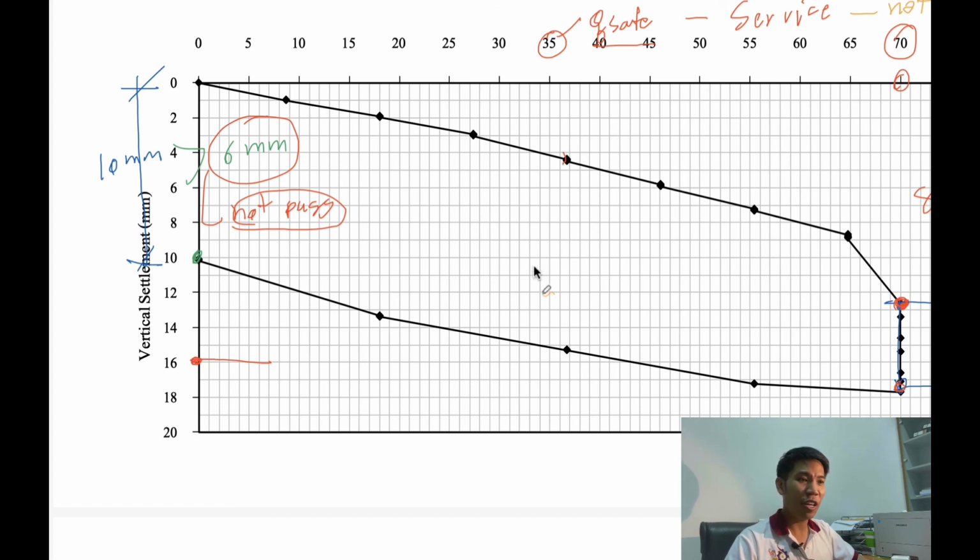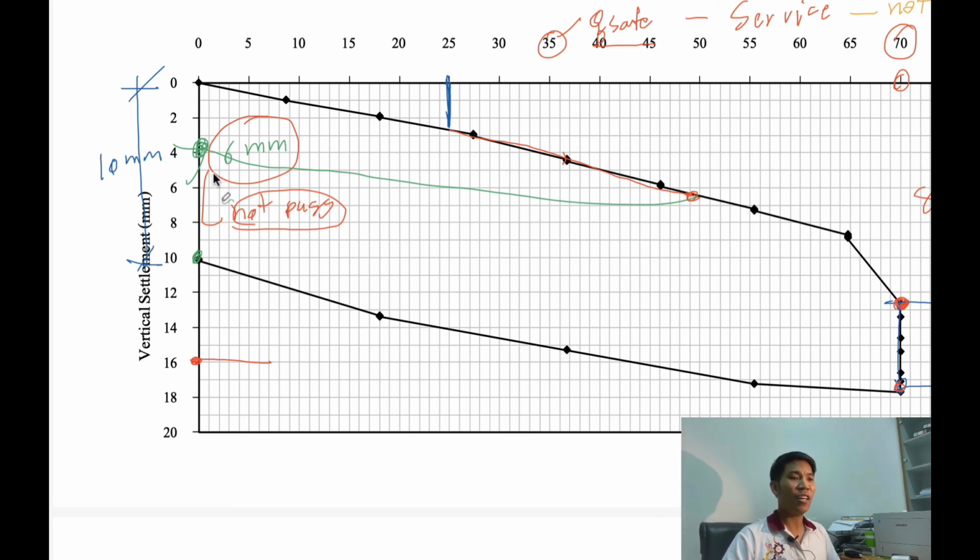You have to reduce the safe load, maybe up to about here, and test it again until it reaches here, and after that you unload. Then the permanent deformation should not be more than 6 millimeter.